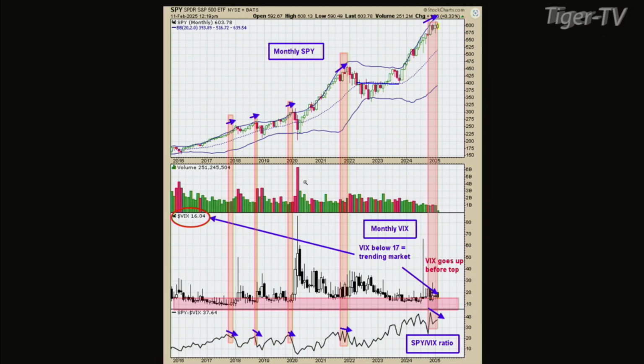But if you look at the bottom window, the SPX-VIX ratio had a lower high. I think there's a good chance that the current rally that's trying to get going right now may hit a new high. And if we do hit a new high sometime this month, and this SPX-VIX ratio on the monthly time frame doesn't close at a new high, I'm thinking you're probably going to have some sort of a high here.